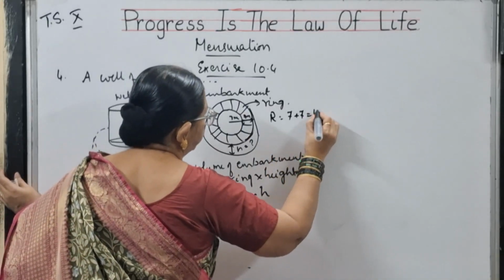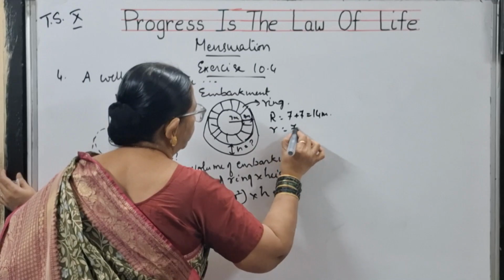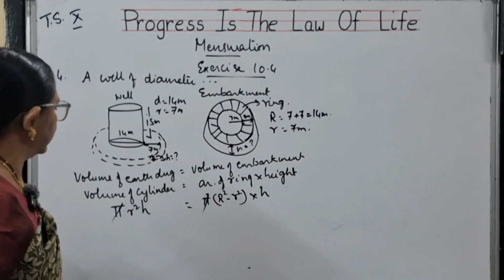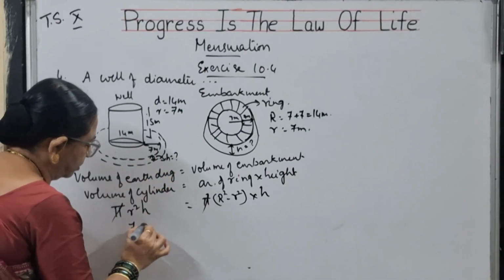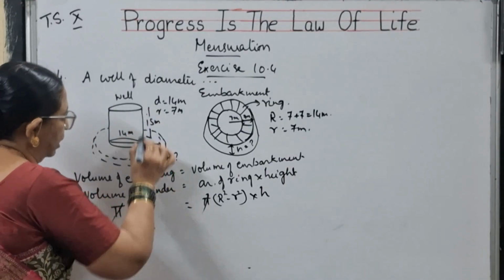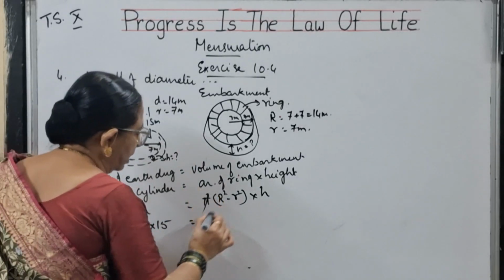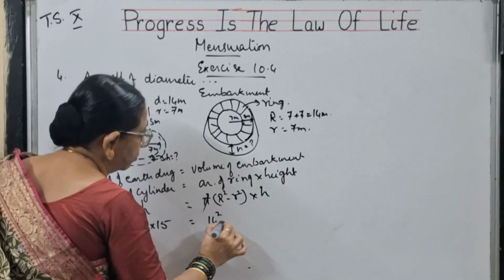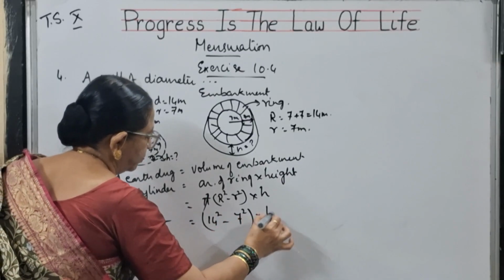So 7 plus 7, that is 14 meters, is capital R. Small r is 7 meters, because small r is the radius of the well. So here r square is 7 into 7 into height, and height means depth, that is 15, is equal to capital R square, capital R is 14, 14 square minus small r square, 7 square, into h.